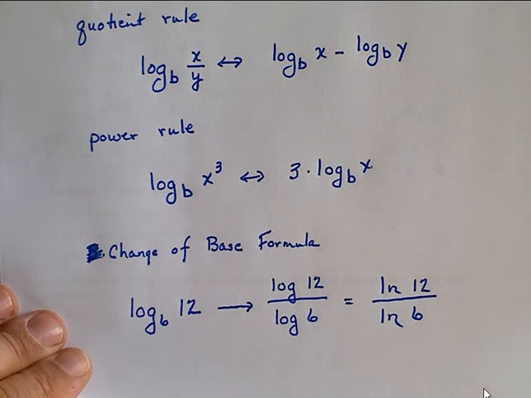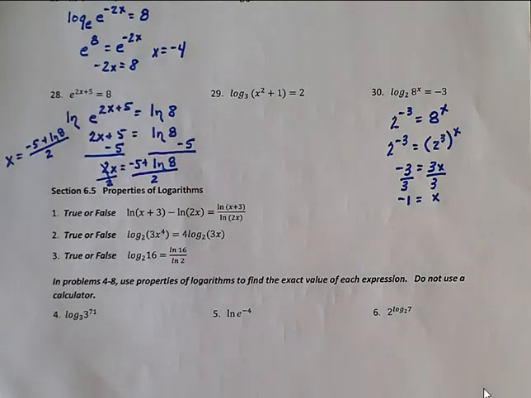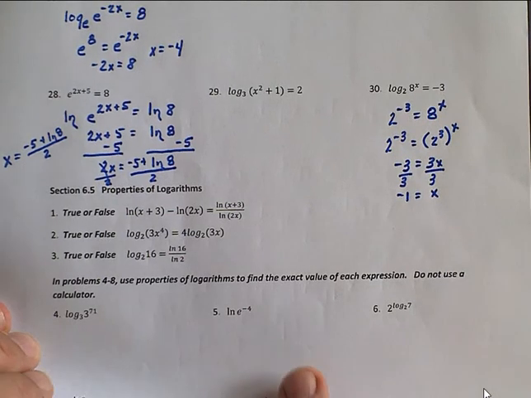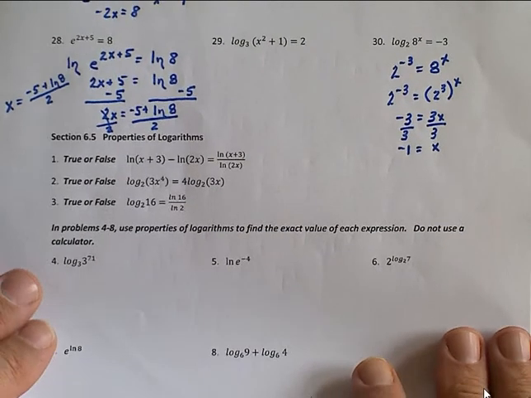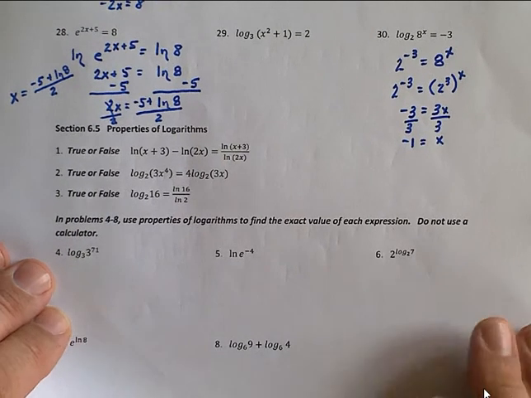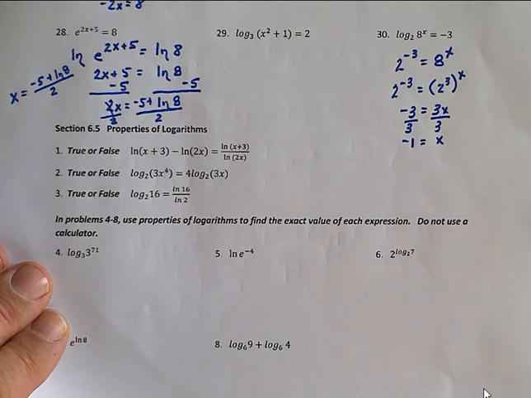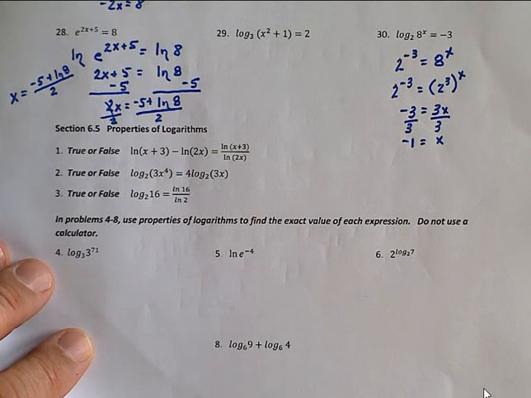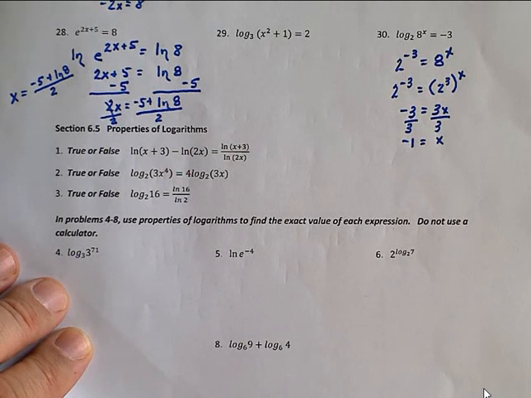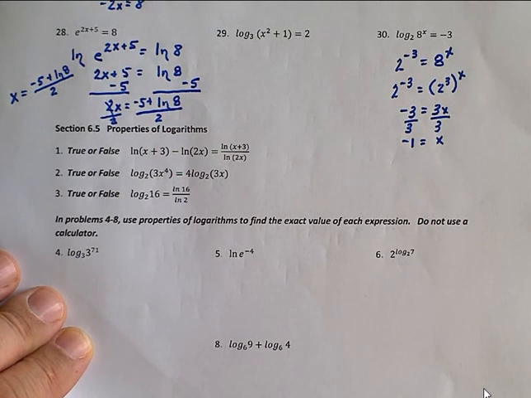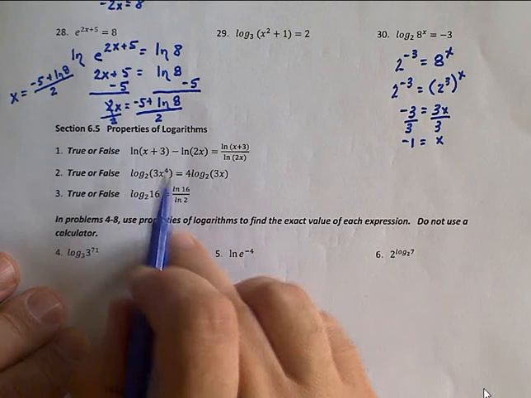Okay, now, so let's look at what we've got on the exercises. Okay, questions first of all, 1, 2, and 3. On question number 1, true or false, the natural log of x plus 3 minus the natural log of 2x equals... Okay. Well, this is one of those simplifying steps. I've got it expanded into 2 natural logs on the left side. I'm trying to condense it on the right. Now, subtraction sign means division.